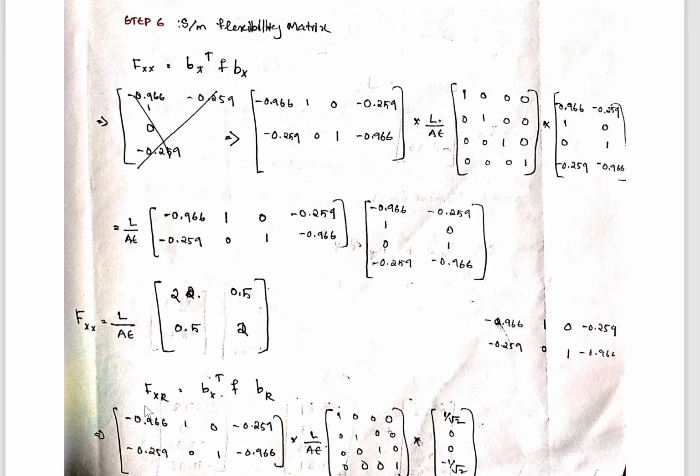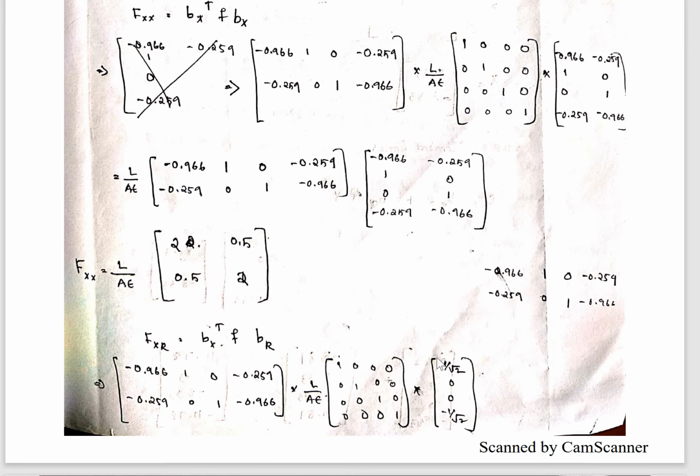Next is the Fxr matrix. Fxr is equal to Bx transpose into F into Br. So substitute Bx transpose, small f and the Br matrix, and multiply with the Br matrix. This is our Br matrix, minus 1 by root 2, 0, 0. Sorry, 1 by root 2, 0, 0, minus 1 by root 2.